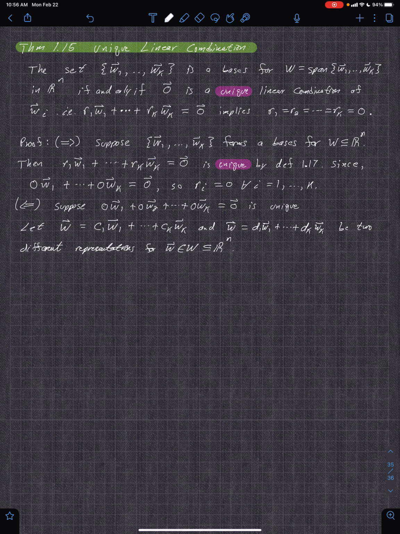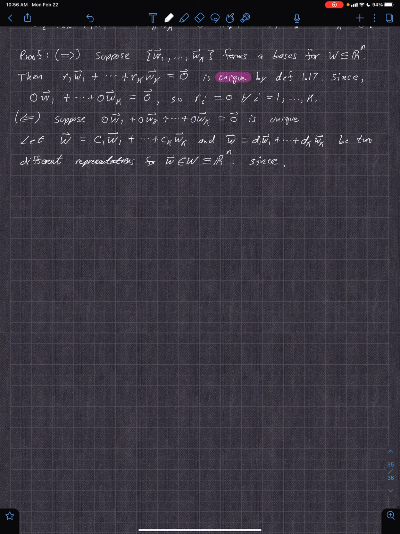So what you do is basically subtract them. So we have 0 equal w minus w, I mean, it's basically just subtract the two.